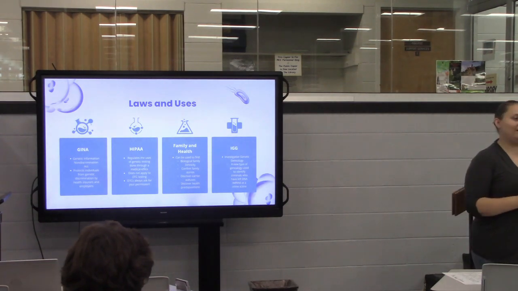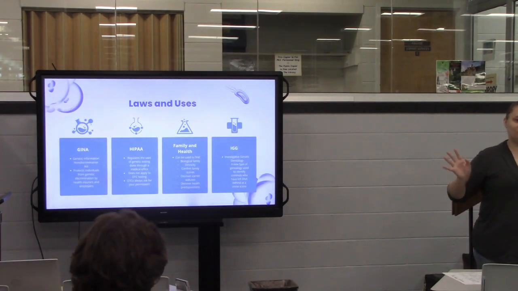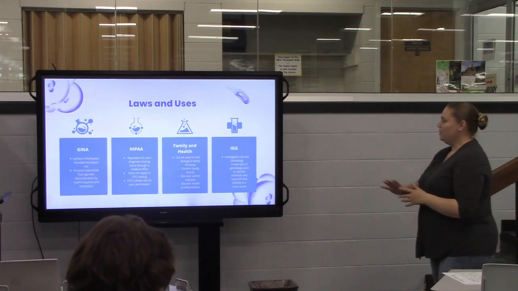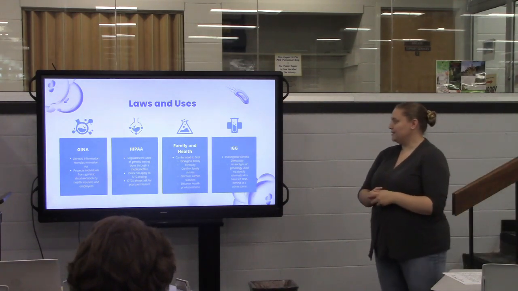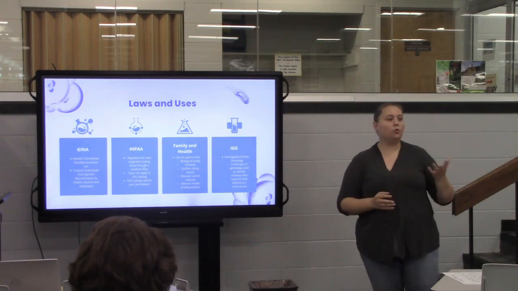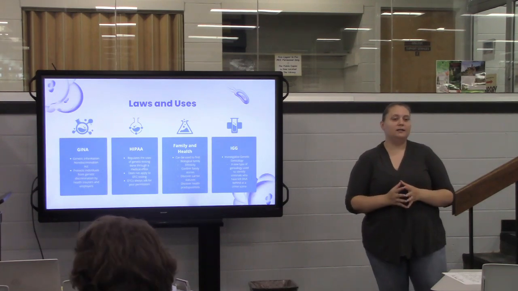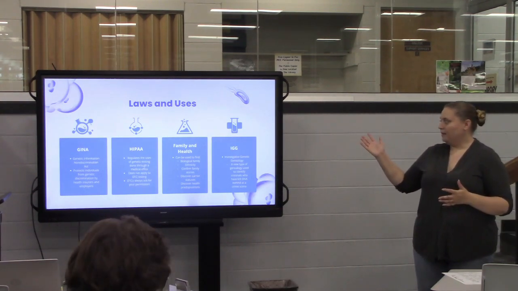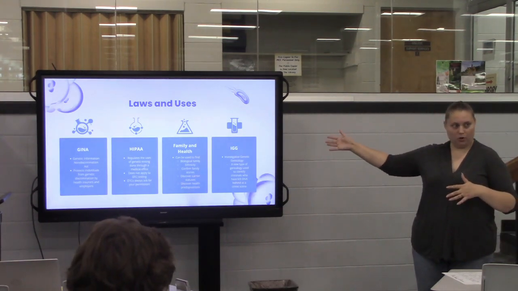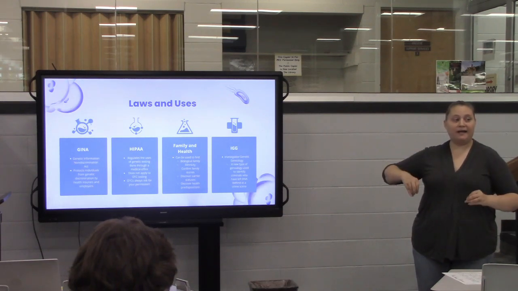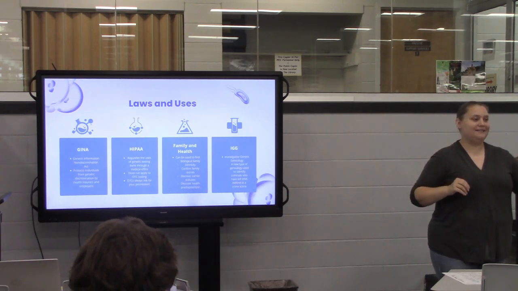HIPAA, we all know about HIPAA. We've heard so much over the years about HIPAA, right? HIPAA regulates the uses of genetic testing that are done through a medical office, right? Now, here's the deal. This law for HIPAA does not apply to DTC testing.